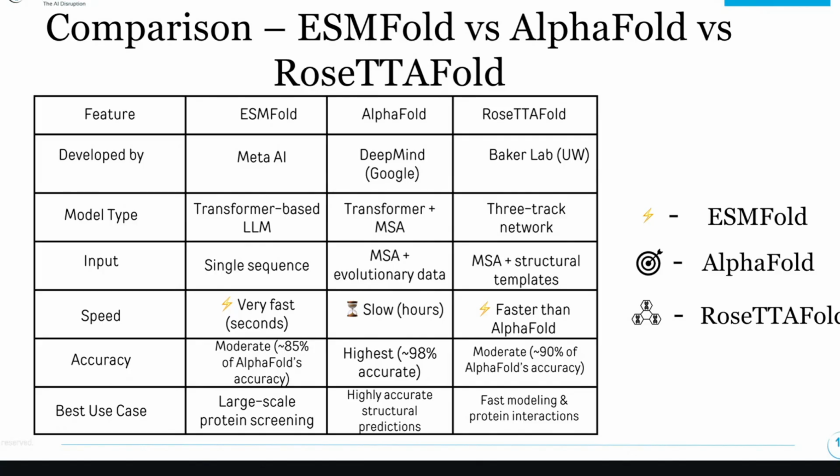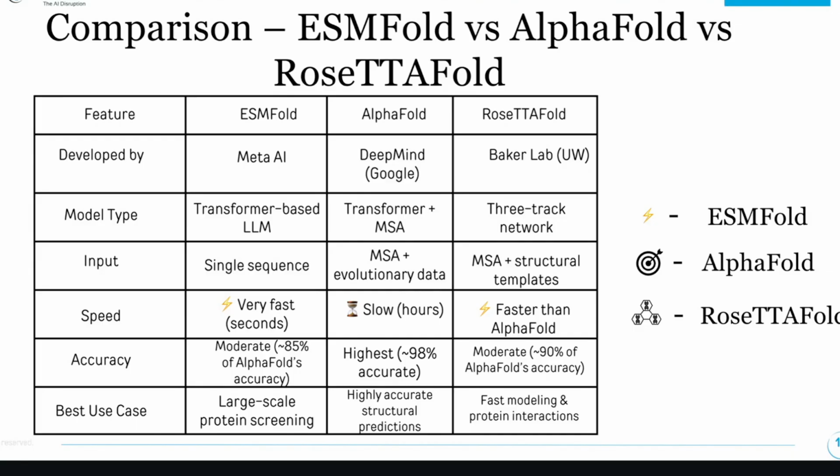The best use case for ESMFold is large scale protein screening. If a particular protein needs to be focused on in greater depth, then you can use ESMFold. But if you want accurate structural predictions, then you can use AlphaFold. And if you want a quick way of modeling protein interaction, then you can use RosettaFold.